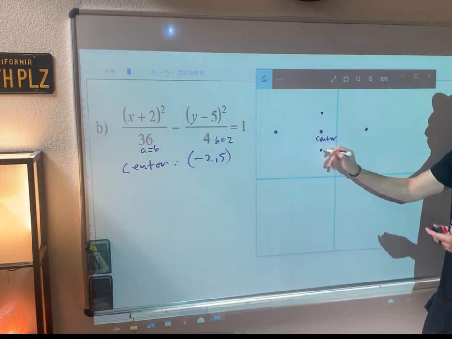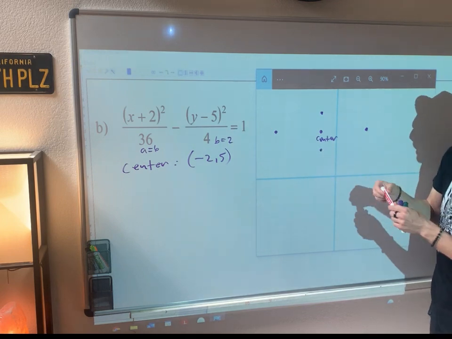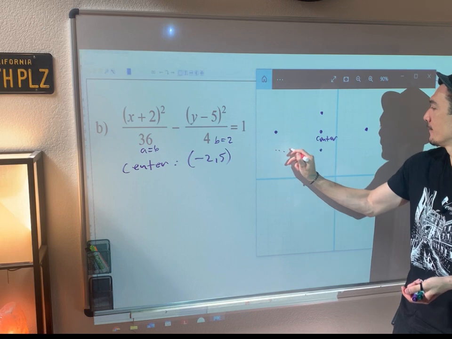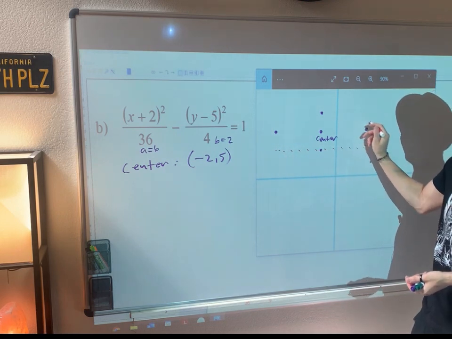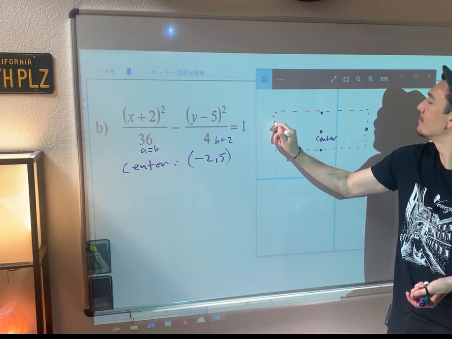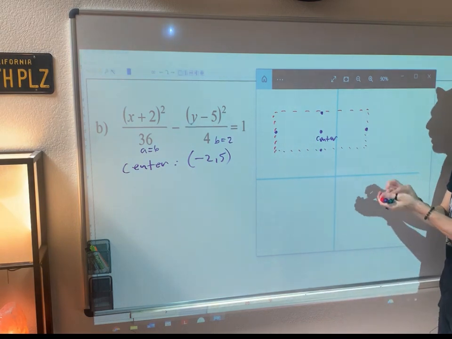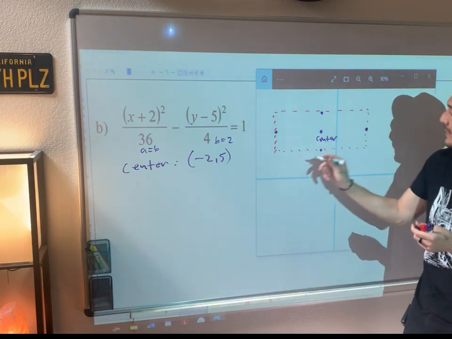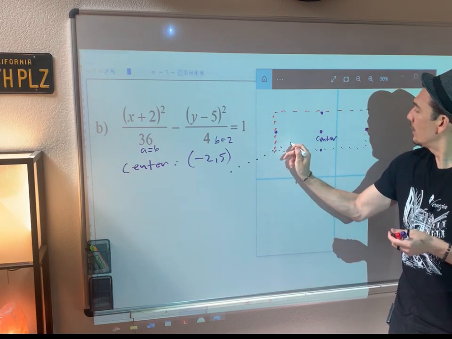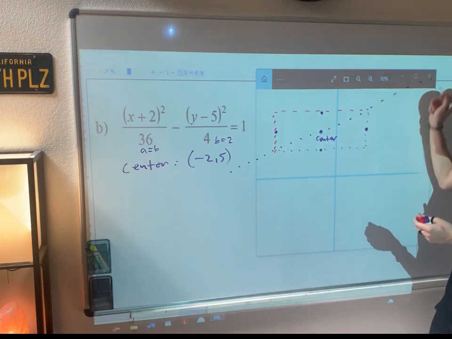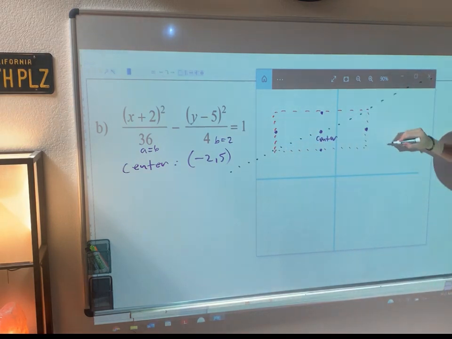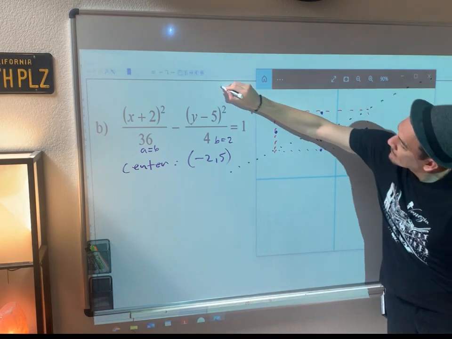And use all 4 points to draw a dotted rectangle. Okay. And then draw your diagonals really big through the center and the corner of your rectangle, and the other one as well. They're not too bad there.